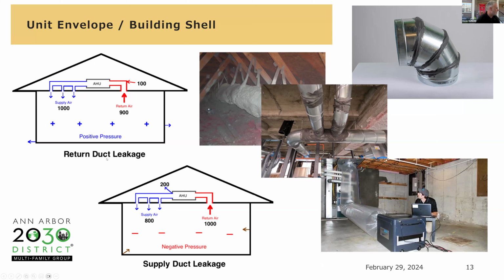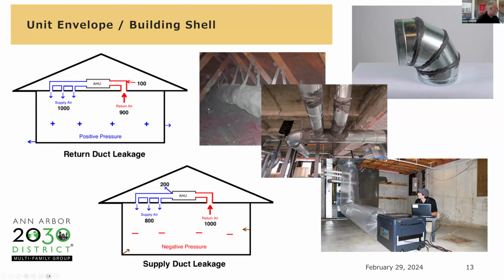And so when we have return duct leakage, or dominant leakage on the return side, we're going to force the building to pressurize. I can spend some time going through that if somebody is interested, but there's really no need to do it right now. But anyway, it pressurizes the building and forces it to leak, pushing the conditioned air out.